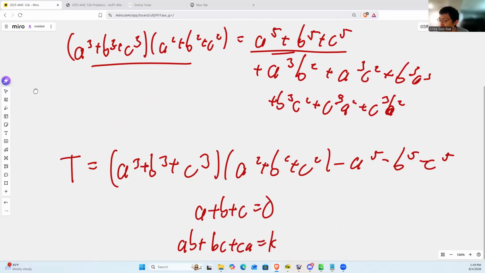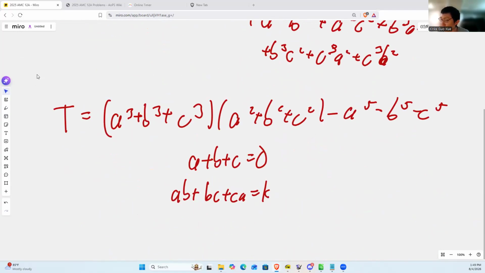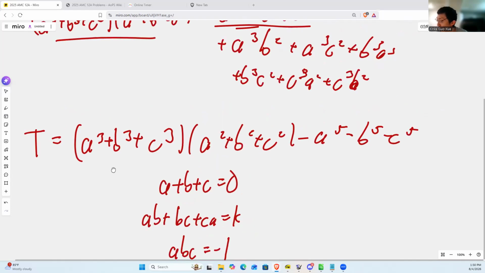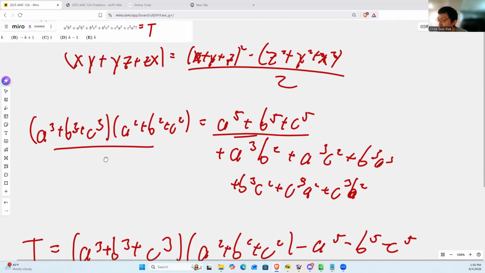And we can use Vieta's again, it doesn't hurt to list this out. Find the product. So, okay, we've worked forwards, we've worked backwards. So how can we get a cubed plus b cubed plus c cubed?